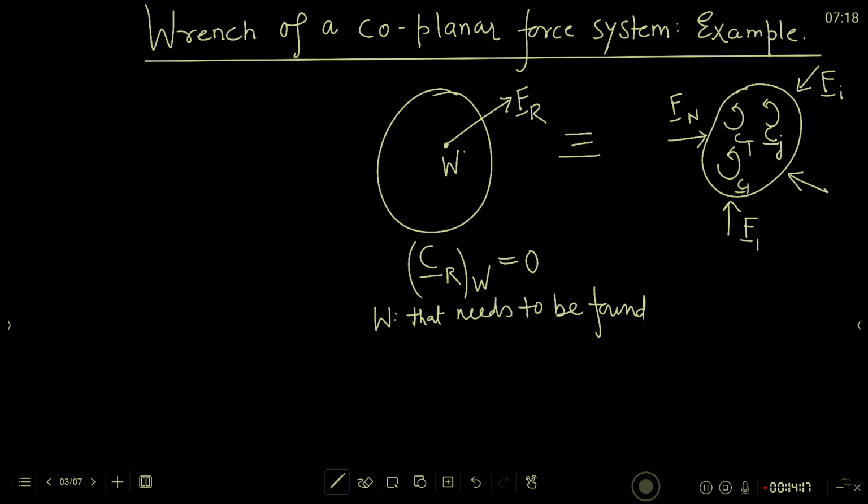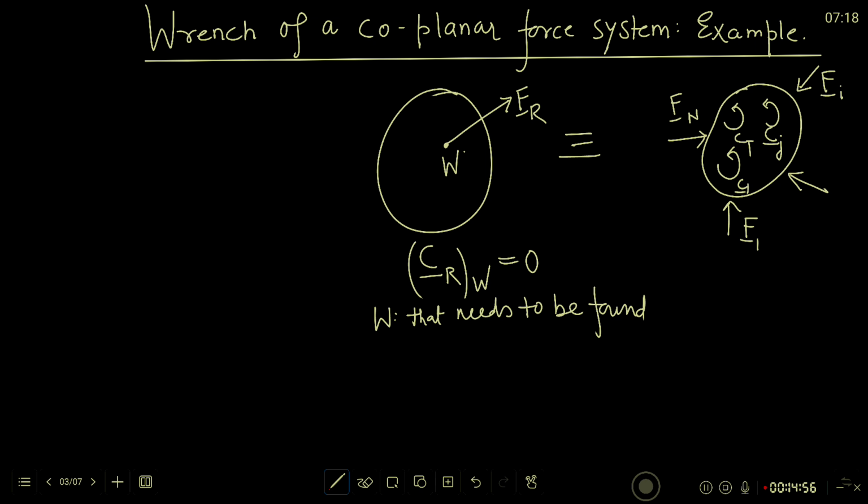W is a point that needs to be found. Now the fact that we can find a point W such that CRW will be 0 can be explained by the following observation. The way all non-couple forces are oriented, we are absolutely sure that the moment due to all non-couple forces will be perpendicular to the plane. Why? Because the forces themselves are lying in the plane.